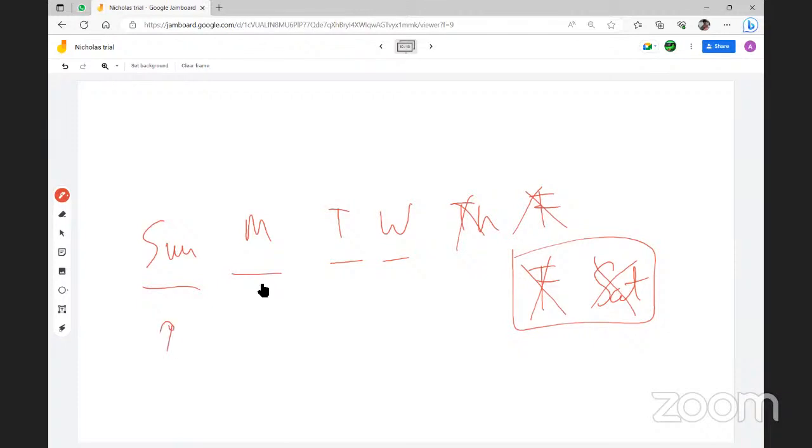So for Monday, the slot looks like this. The problem is, do you do 2 hours or 1.5 hours? I can't tell, but maybe 1.5 hours.